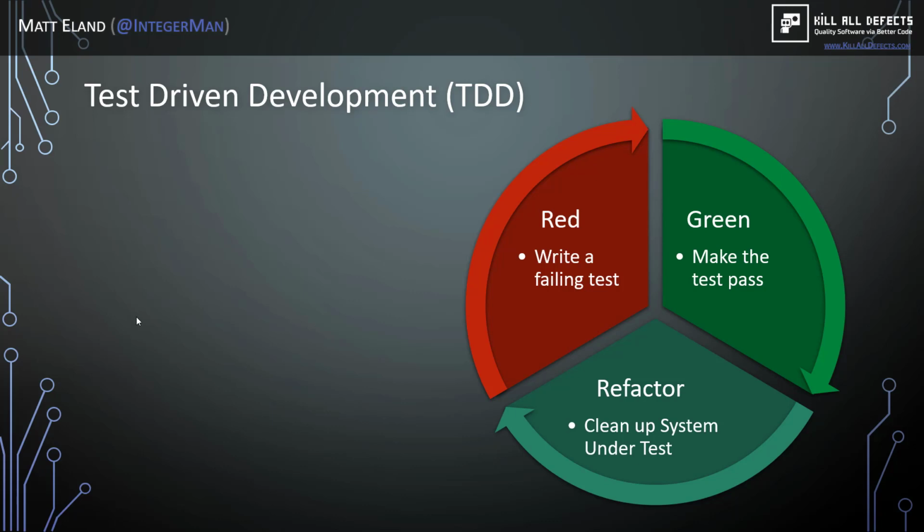Green phase is we take our failing test and we make it pass with the simplest amount of code possible. So we go in and we would add in a rule that says, like, hey, if your last name is Smith, I'm going to add 10 points. And then we run our test, and now it's green. And this last phase here, refactor, that means we're cleaning up our test code, and we're cleaning up the code that we added.